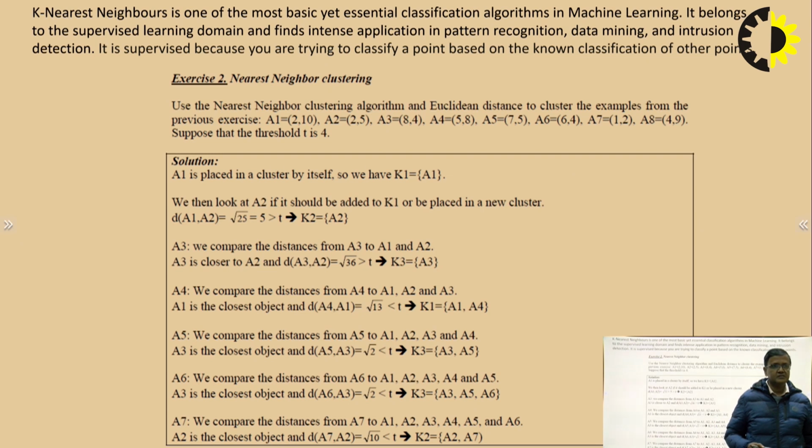K nearest neighbor is one of the most basic yet essential classification algorithms in machine learning. It belongs to the supervised learning domain and finds intense application in pattern recognition, data mining, and intrusion detection.